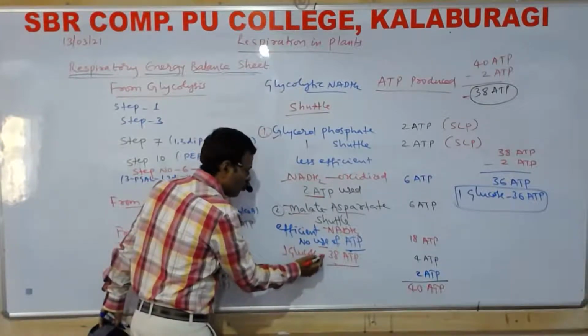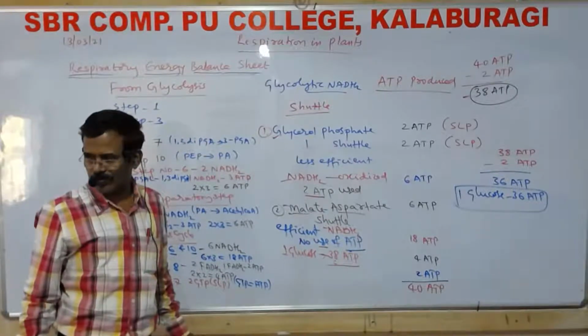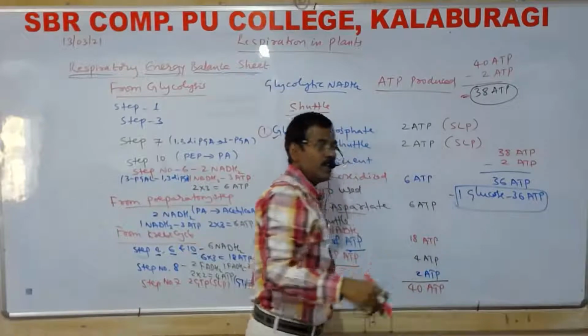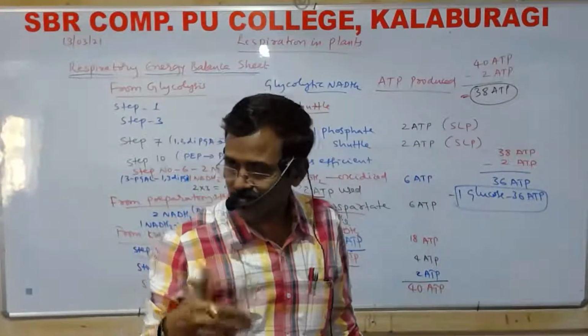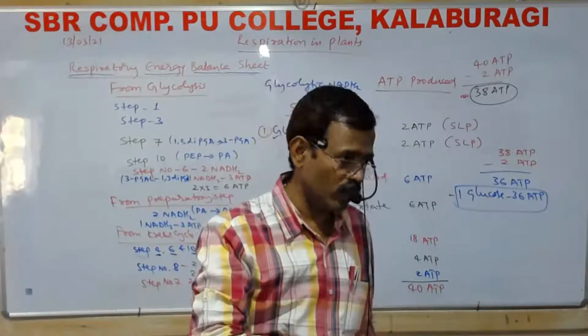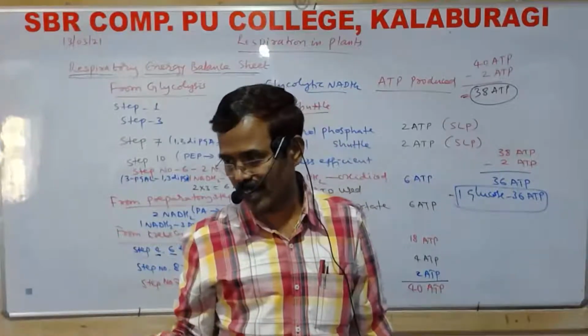That means one glucose can yield 38 ATP molecules. So 38 is also correct, 36 also correct, but it depends on which shuttle the cytosolic NADH2 undergoes.